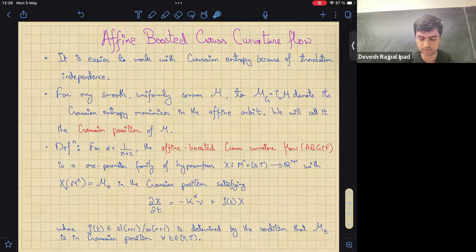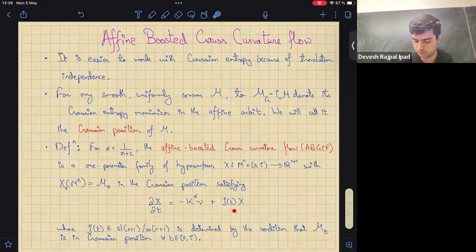So Xi_t is an element of the special linear algebra sl(n+1), modded out by the special orthogonal algebra, because we can ignore orthogonal groups. They don't change the geometry of the problem. They don't change the entropies. So we can ignore the orthogonal components.